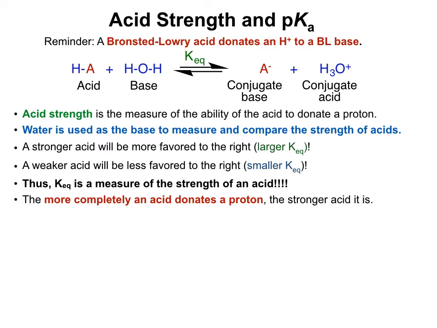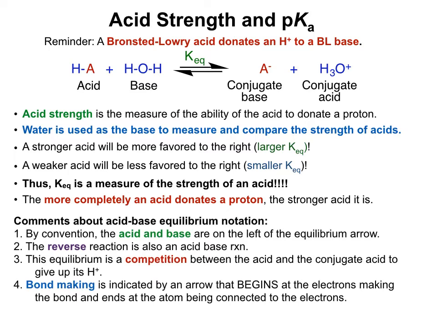So water we're going to be using as a way to measure and compare the strengths of acids. That is, water functioning as a base. The more completely an acid donates a proton, the stronger the acid is. So a stronger acid is more favored to the right. I want to point out that some acids that we're going to call strong acids are not favored to the right.